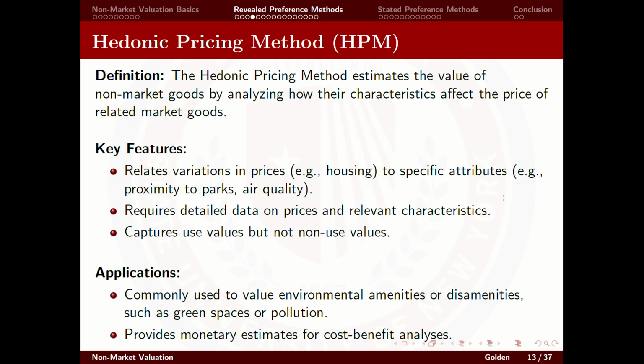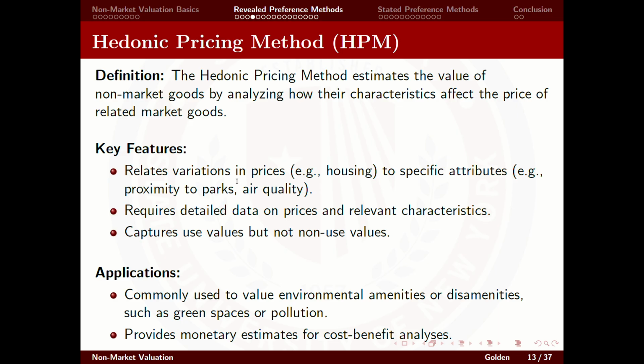And the next revealed preference method, the one people are most familiar with, is the hedonic pricing method, which estimates the value of non-market goods by looking at the characteristics and essentially running a regression to look at how the characteristics affect the price of related goods.